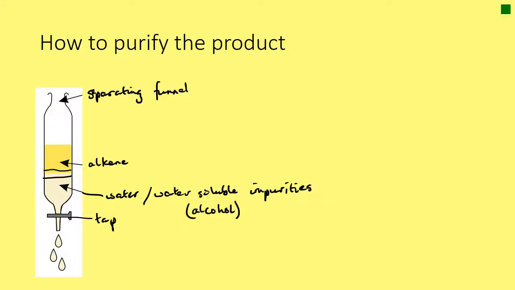It's not going to be totally pure, it's still going to have some water in it. So you might add some calcium chloride to it, which is a drying agent, and that removes any more traces of water. And you might even want to do a further step, which would be to distill it again, which would make it very pure. And once you've gone through all those steps, you've got some pretty pure alkene.